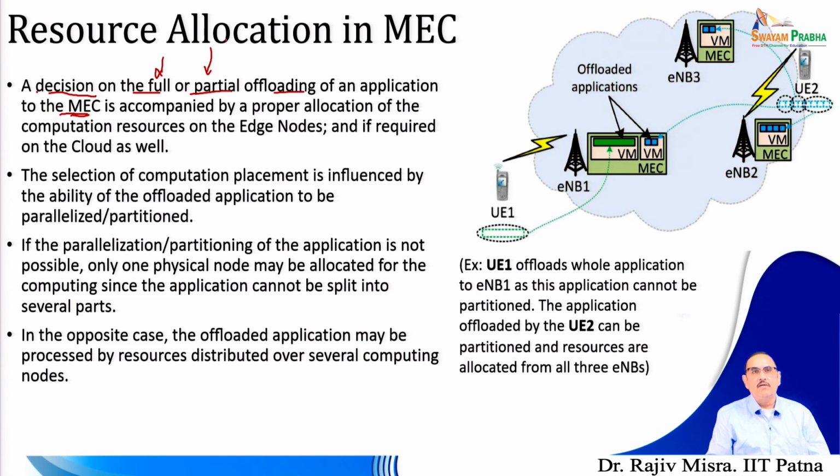So, that particular decision on whether to go for full offloading or partial offloading of an application to the MEC is accompanied by the proper allocation of computing resources on the edge servers, that is the edge nodes, and if the requirement of the application is not met by the edge server resources, then the cloud as well can be thought of as an alternative means of offloading the applications for providing the computational resources to the applications.